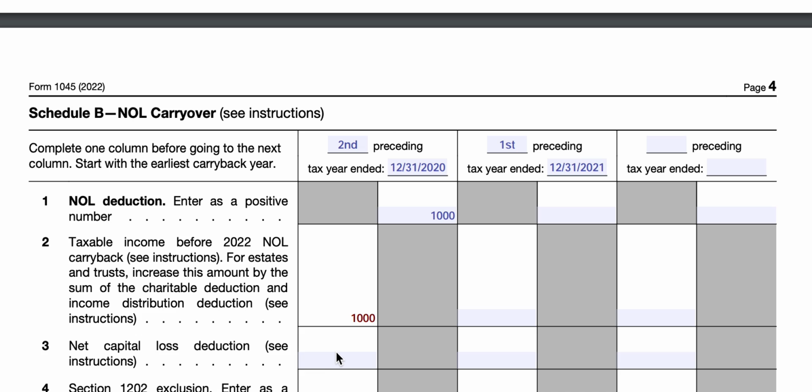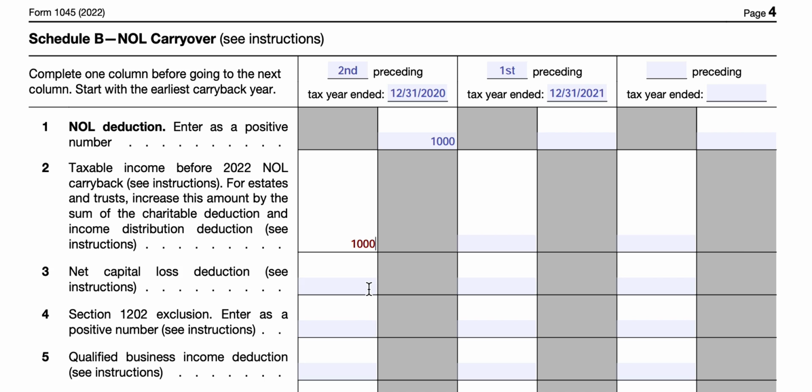Then in line 3, you would enter any positive amount under net capital loss deduction. So for individuals, this would be the amount from line 21 on your Schedule D. If it's for a 2019 return, then it could be for your 1040 or 1040 SR. For estates and trusts, it's the number that's on line 16 of Schedule D. For line 4, we'll assume that there's a $500 net capital loss.